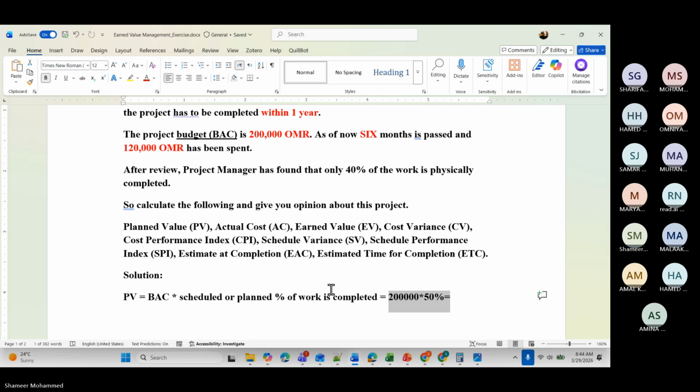Students, if you multiply this, what will be the answer? Are you hearing me, students? Hello? 100,000.